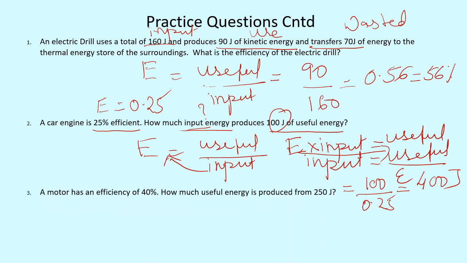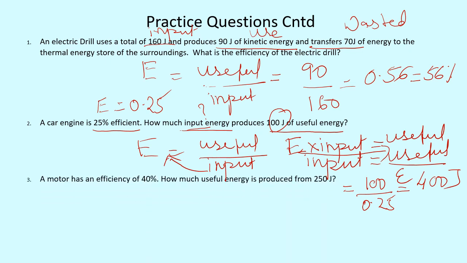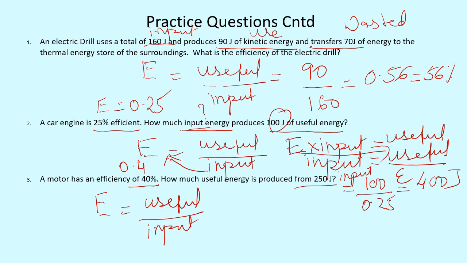Okay. And the last question, efficiency of 40%. So that is 0.4. How much useful energy is produced from 250? So this is our input energy. Going back to the equation, efficiency equals useful energy over input energy. I don't have space to write on my screen. That is why I'm limiting it to useful over input.